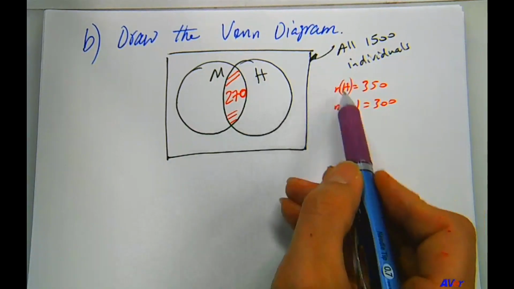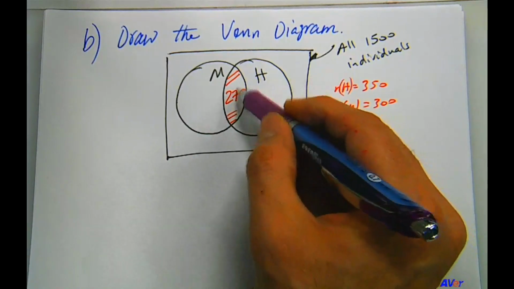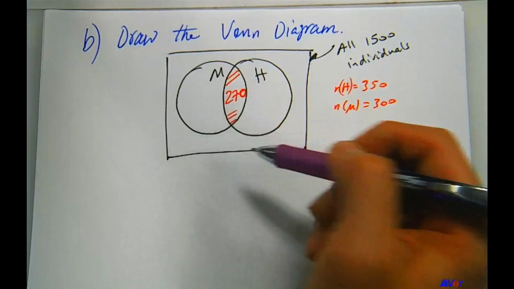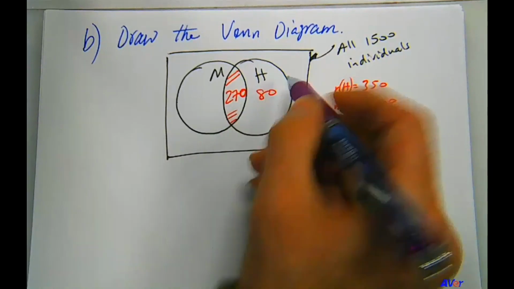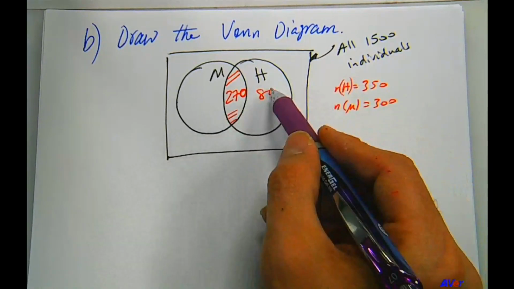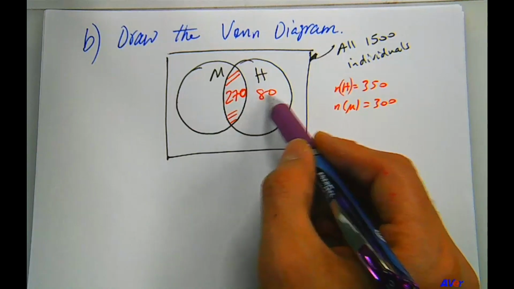So if 350 are taking history and 270 of them are here, then we must have only 80 people, right, that are taking just history, not mathematics. So 80 should be out here.